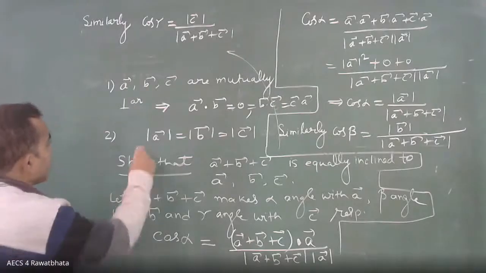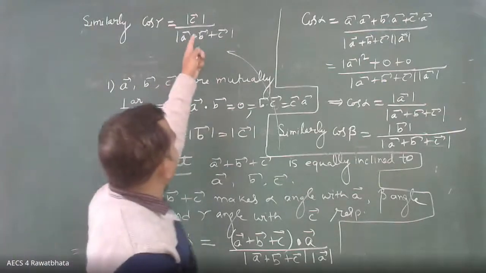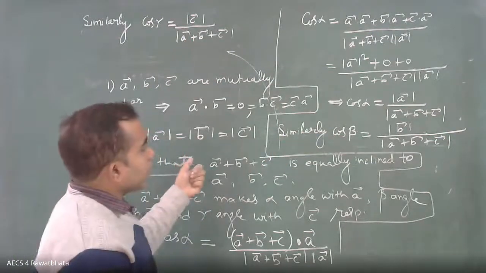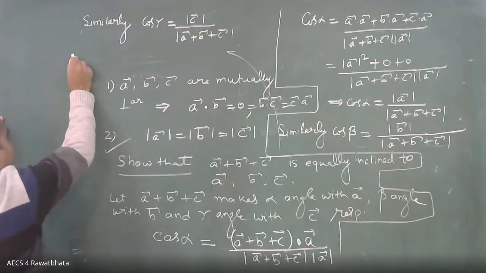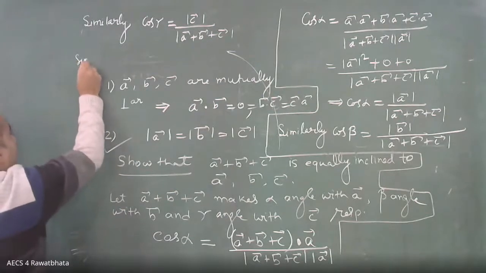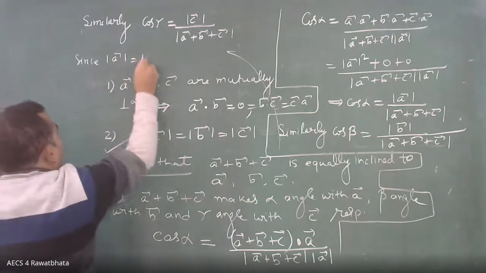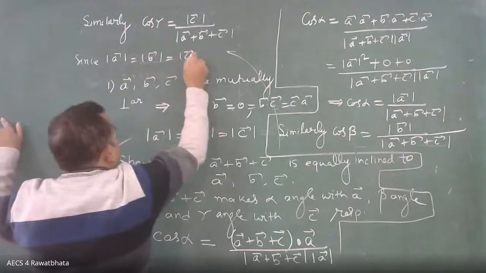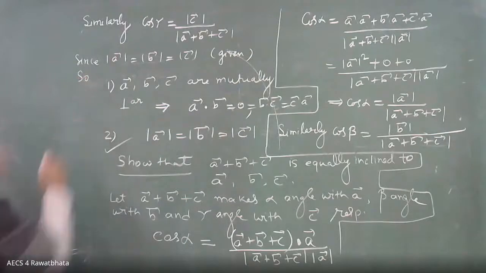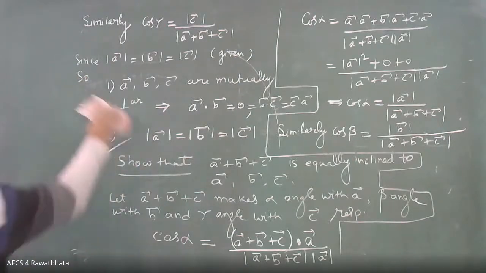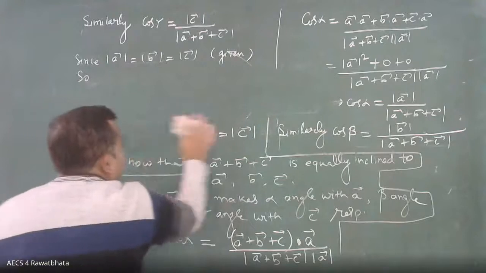Yes, because it is given that the magnitude of A, magnitude of B and magnitude of C are equal, so these three will become equal. This is given, so the numerators are equal and the denominators are equal. So in the light of the given, mod A is equal to mod B is equal to mod C, so all these cos alpha, cos beta, cos gamma will be equal.